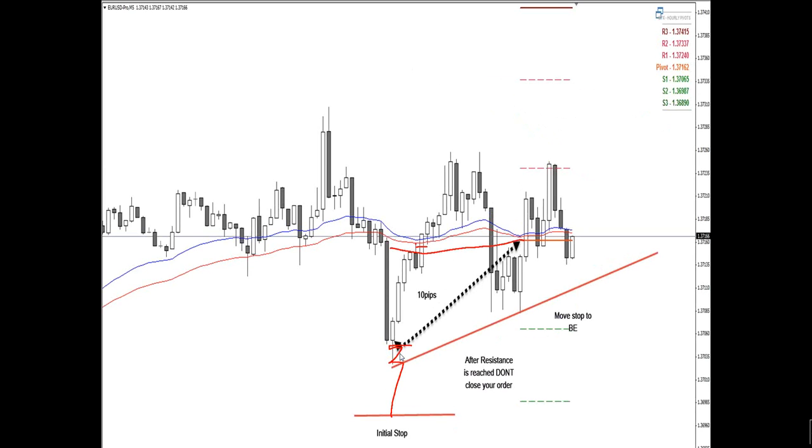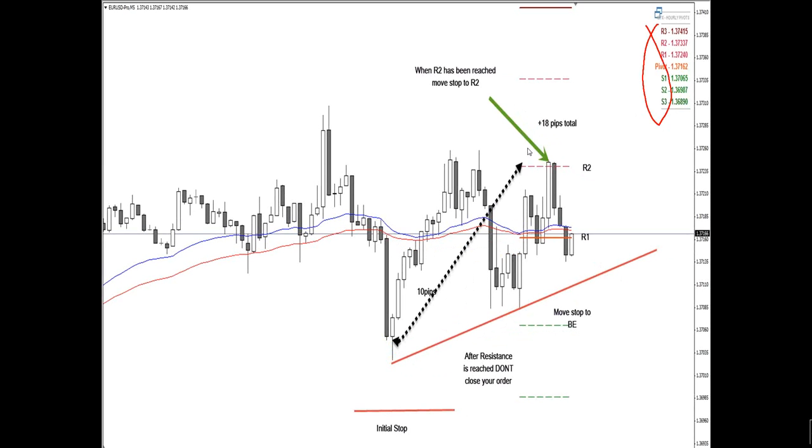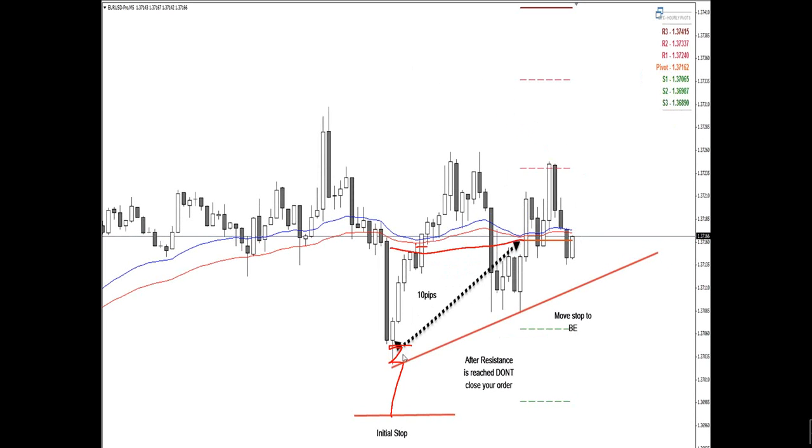My stop was lower and my leverage was higher. That is double the merit. You have basically 2 good things to happen: lower stop and high leverage. So we got 18 pips total instead of 10 pips. That is how we turned a scalp trade into a scalp swing trade.